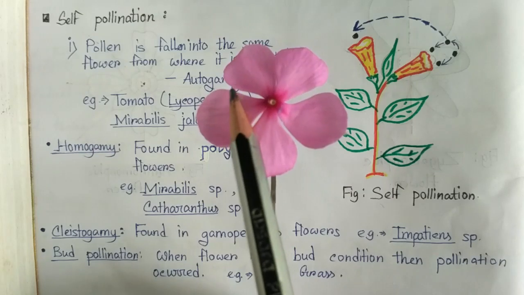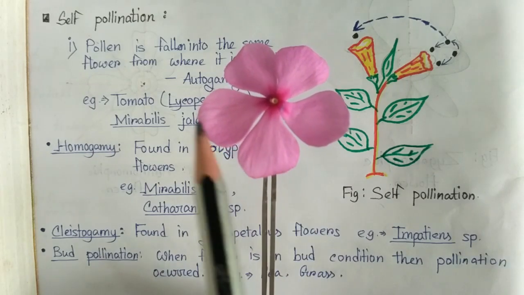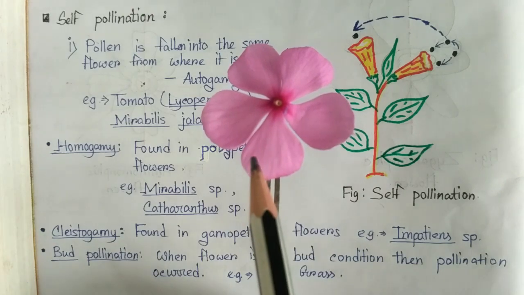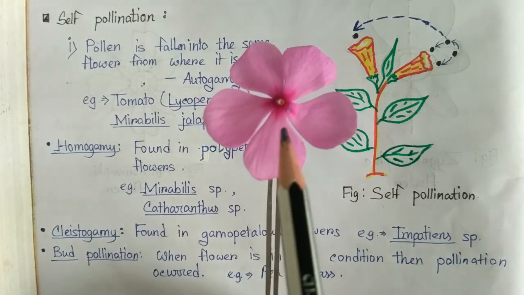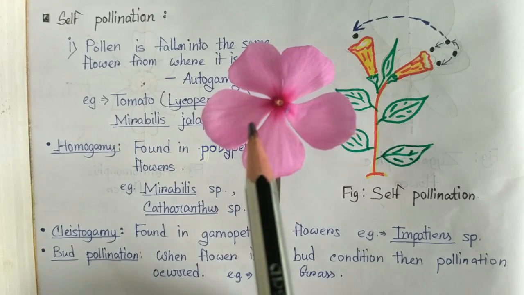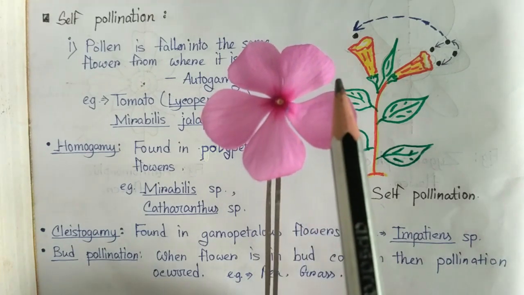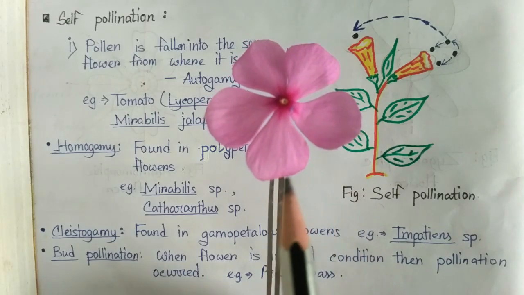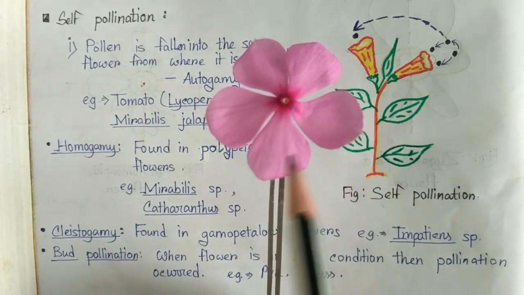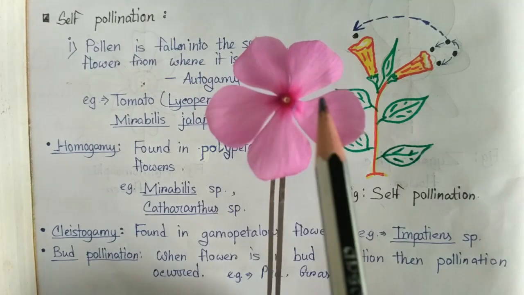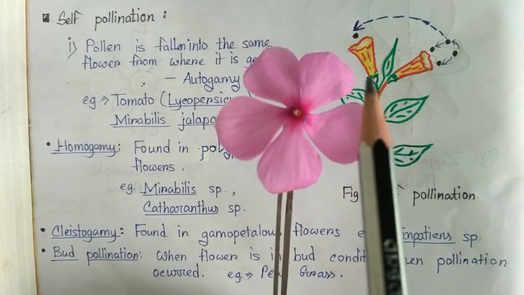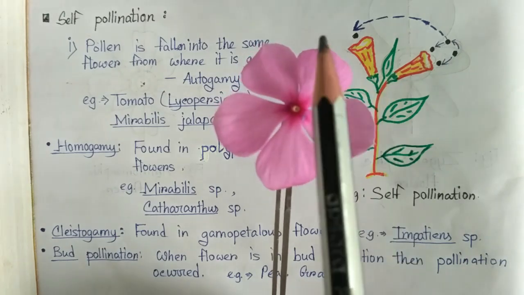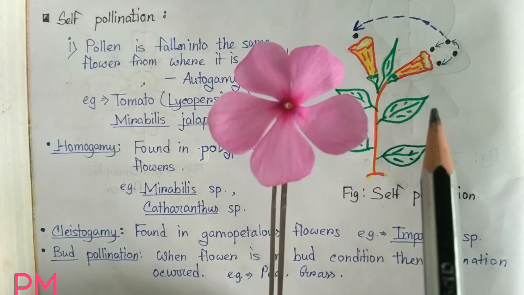They are not fused with each other. So, this type of flowers are known as polypetalous flowers. And in this type of flowers, homogamous pollination is performed. So, Catharanthus, meaning Nayantara, and Mirabilis jalapa again, commonly known as Sandhya Malati, perform homogamy self-pollination.